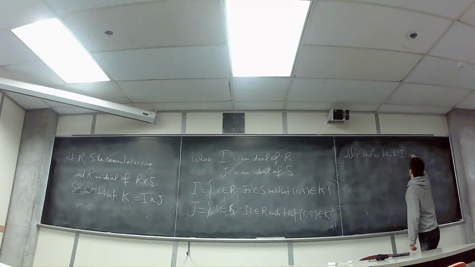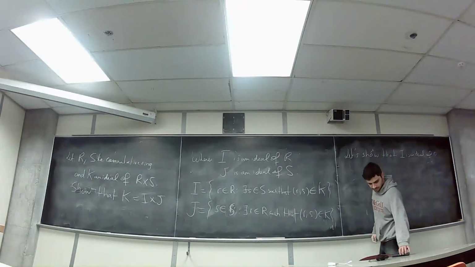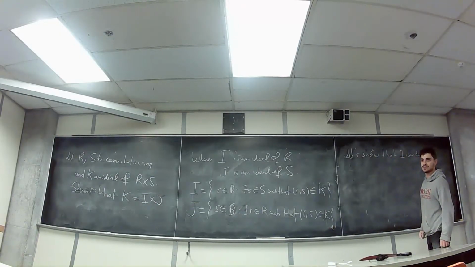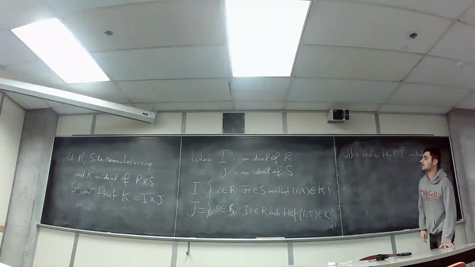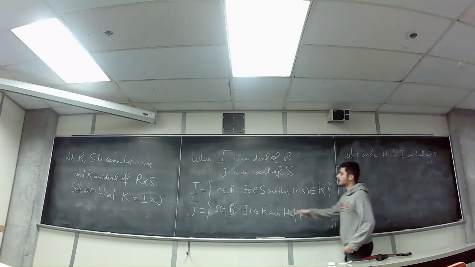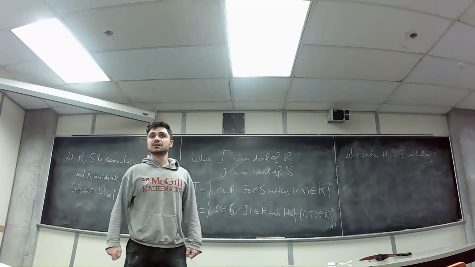I is an ideal of R. Now, what do I need to do? First, I need to show that I is a subgroup of R. So does 0 R belong to I? Can you find an element in S such that 0 and this element belongs to K?